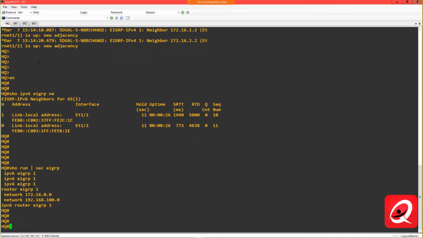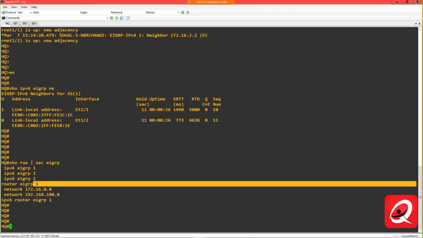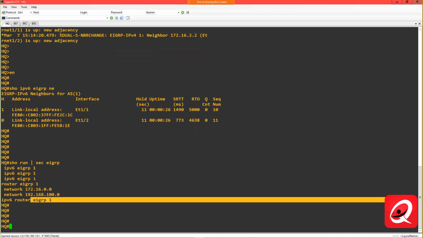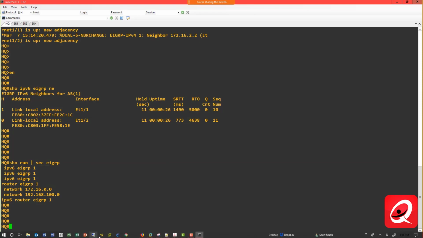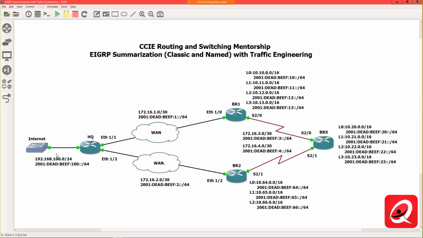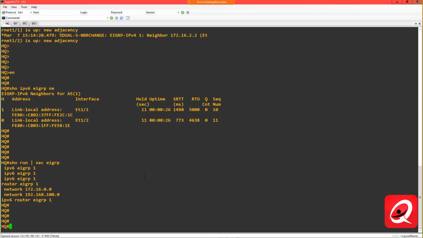I've just got EIGRP for IPv4 running, EIGRP for IPv6. We've got EIGRP enabled on the 3 interfaces that are part of this router configuration, which is this interface here on the left and these 2 interfaces on the right. So we're doing just basic EIGRP in this particular case.